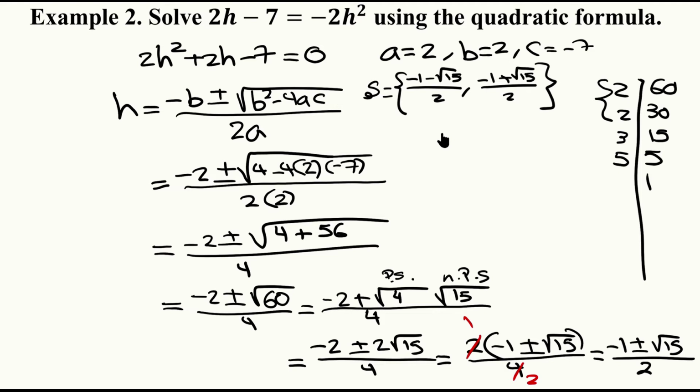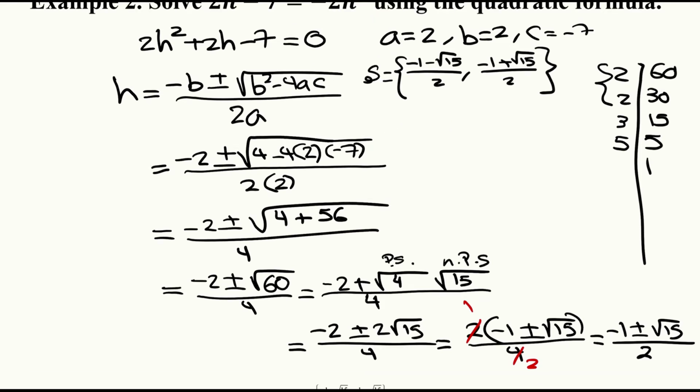So one other note is that sometimes you may see this solution written in split up format like this: -1/2 minus square root of 15 over 2 comma -1/2 plus square root of 15 over 2, and they're both correct forms of the solution set.